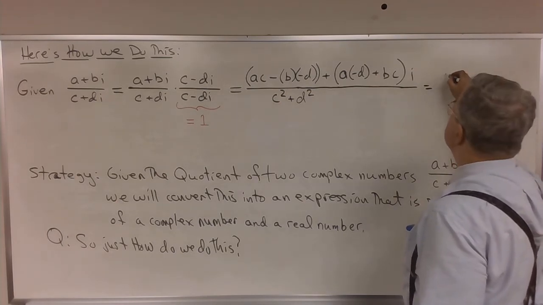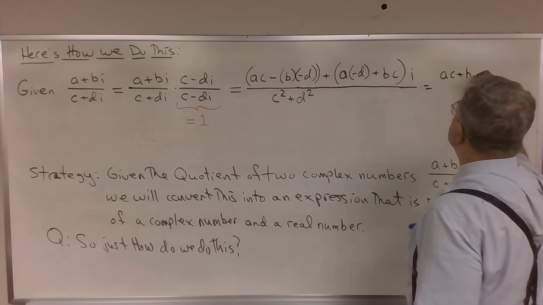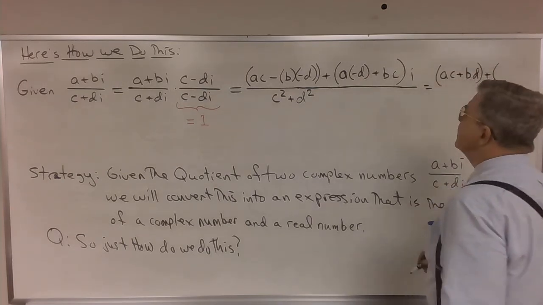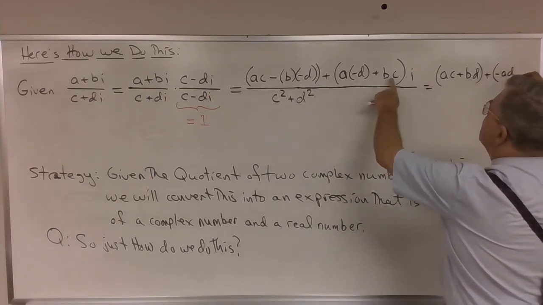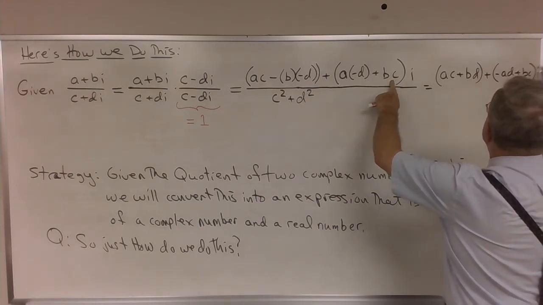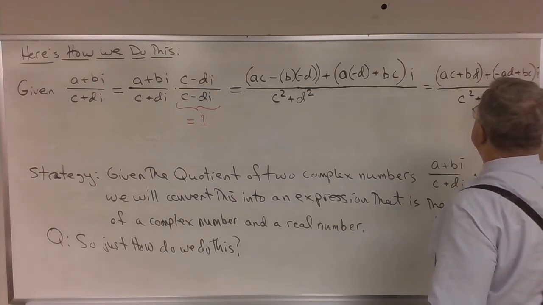So let's see, I get AC plus BD, plus negative AD plus BC times i, all of that over C squared plus D squared.